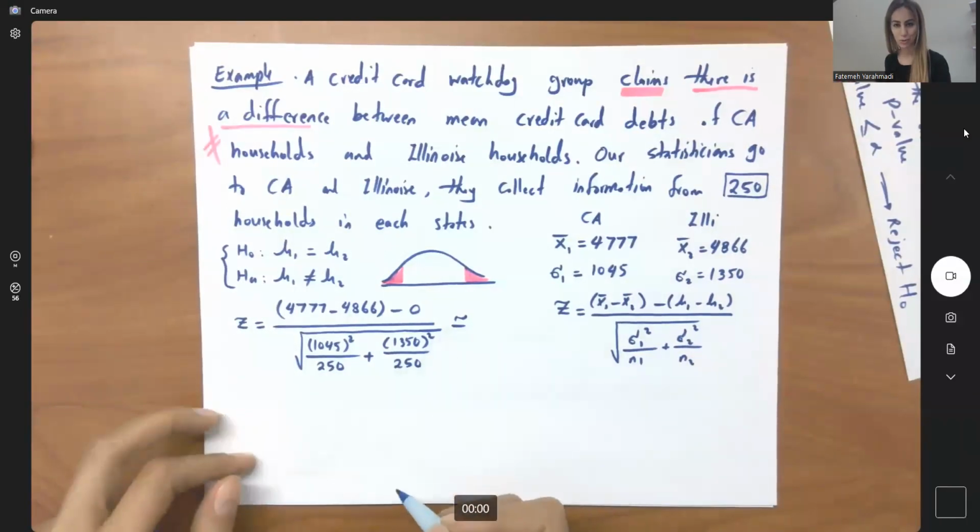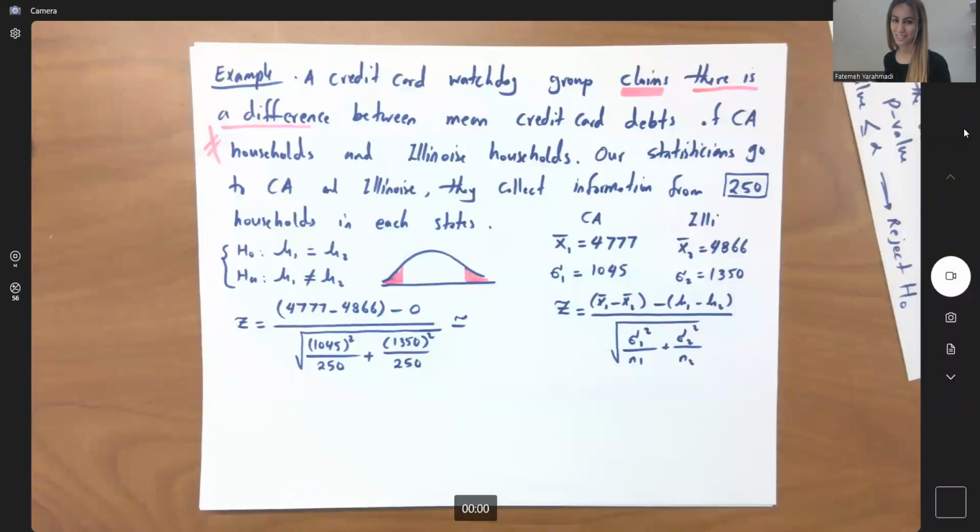So let us do the computation. What is this number? Take your time, pause this, answer the question. It's useful to work with a calculator at this time.